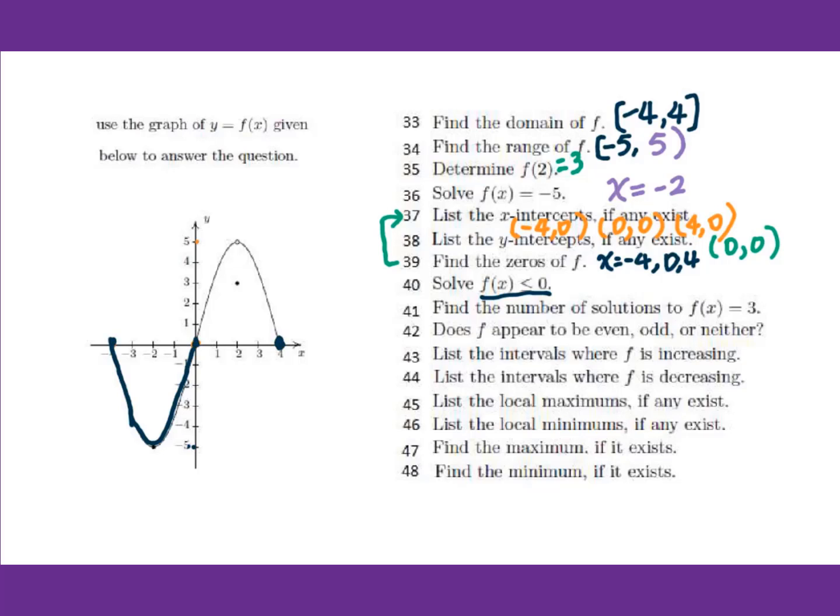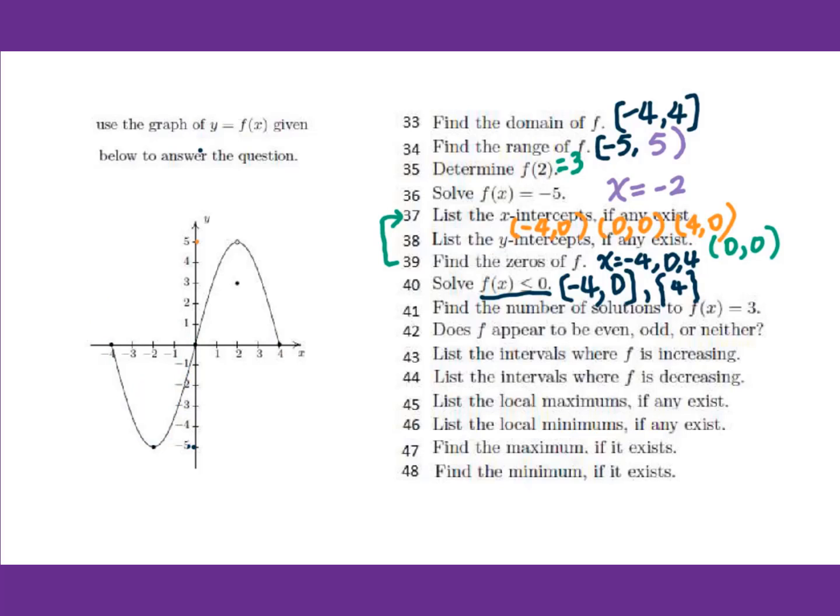Therefore, we got from -4 to 0. That's the domain for the part of the graph below the x-axis. Then you need to add this 4 because you have an equal sign, which means all x-intercepts still count.